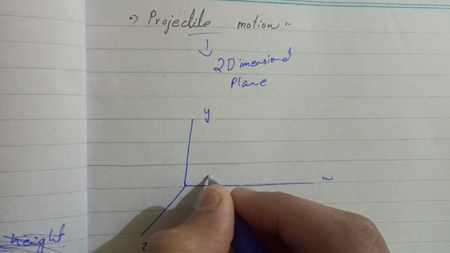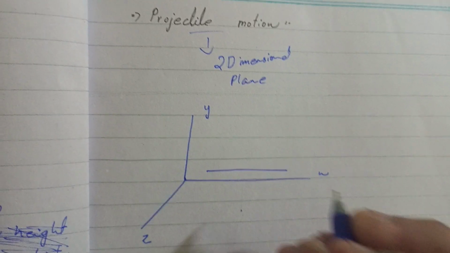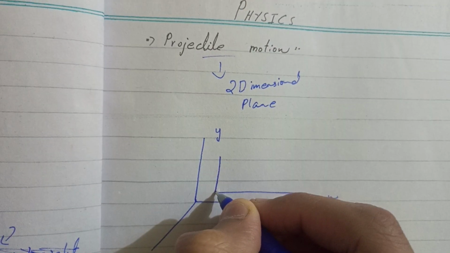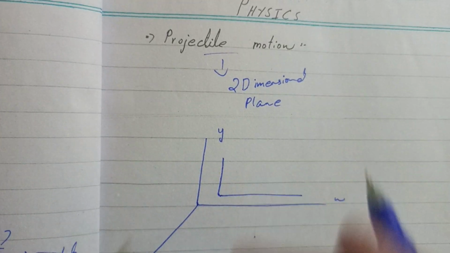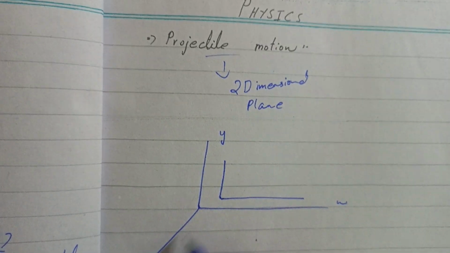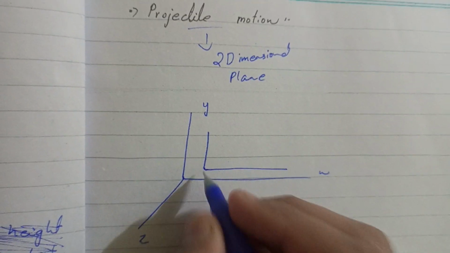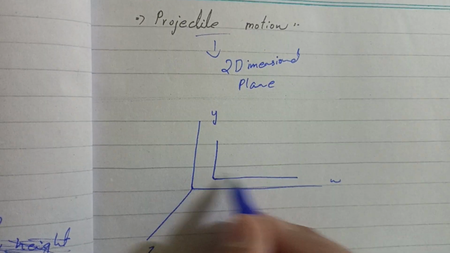When you cover distance in one direction, it is called a one dimensional plane. If you travel in both directions, for example y and x, you will cover two dimensions. And if you cover the third one as well, it will be a three dimensional plane. But in projectile motion we are only discussing y and x.